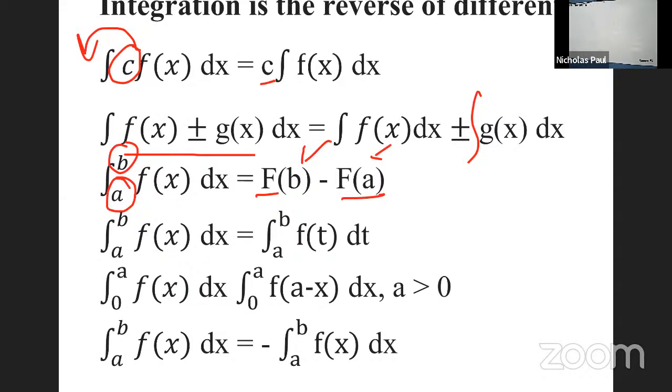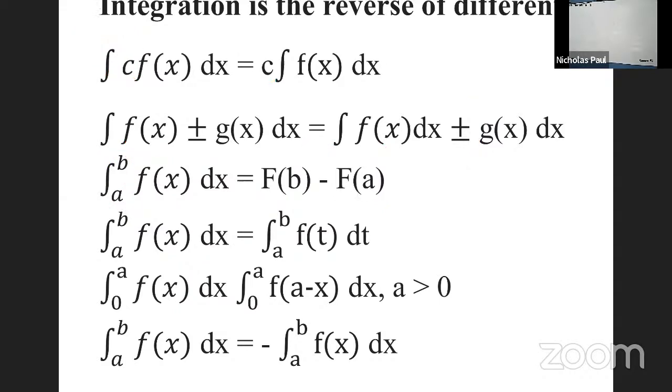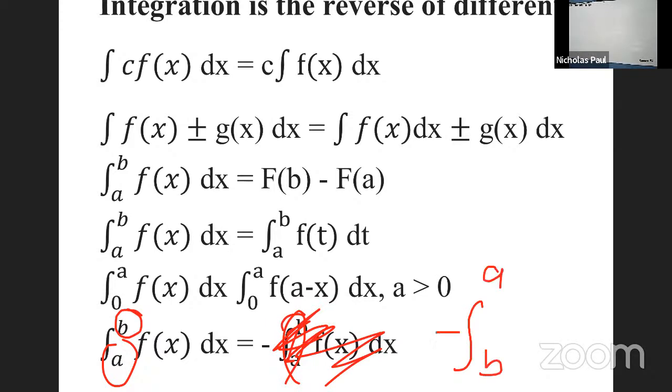And then you have some rules later on, I'll show you. One of the rules I want to look at here is that if you were to integrate between b and a, that is the same as, I typed this badly, that's wrong, that's the same as the integral between a and b with a minus sign in front.